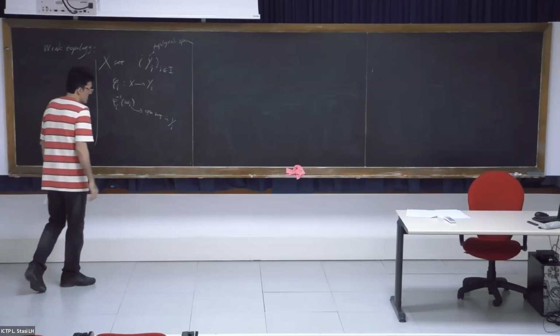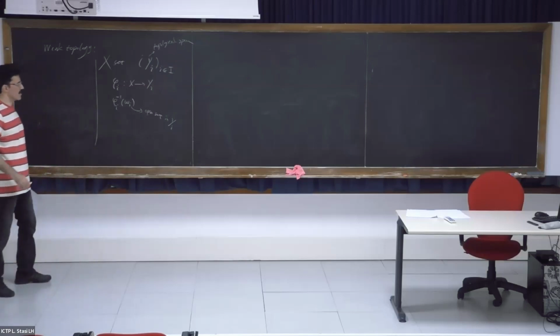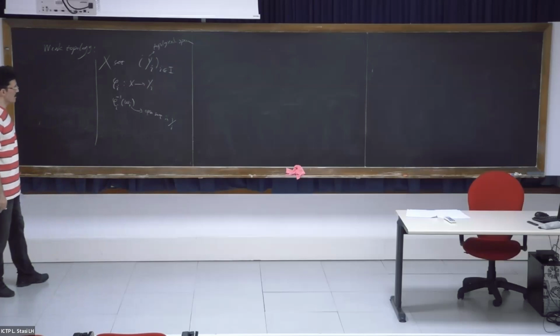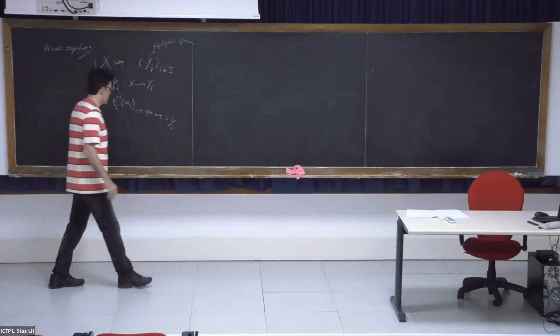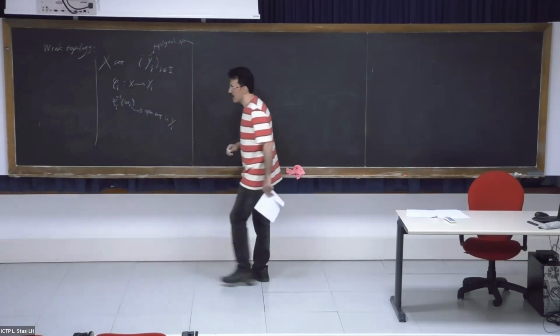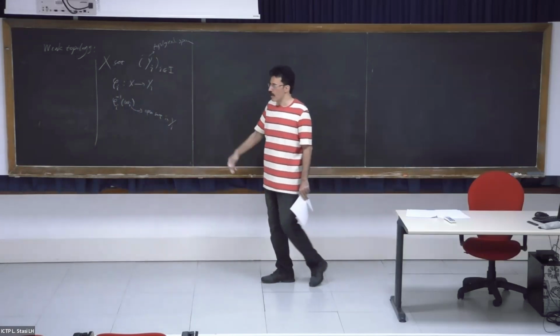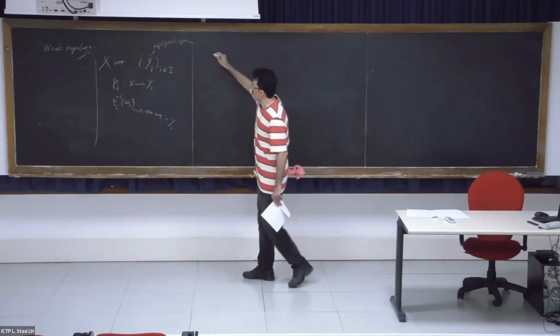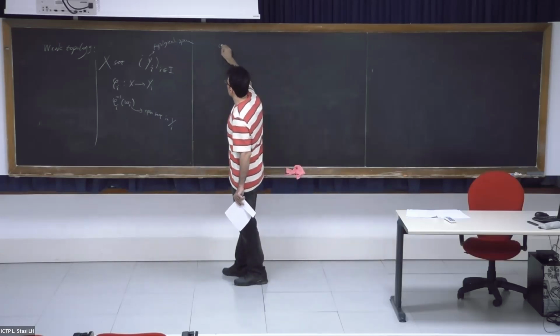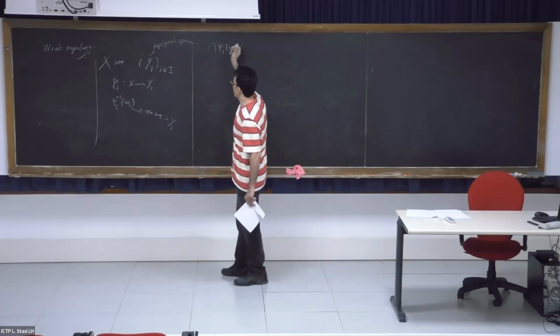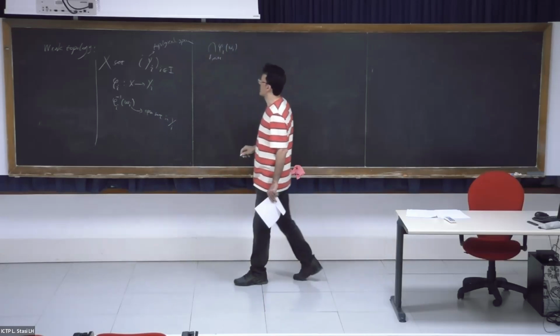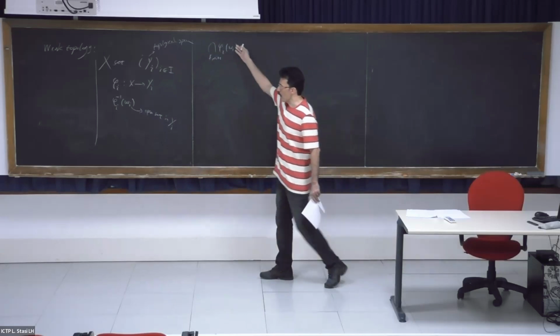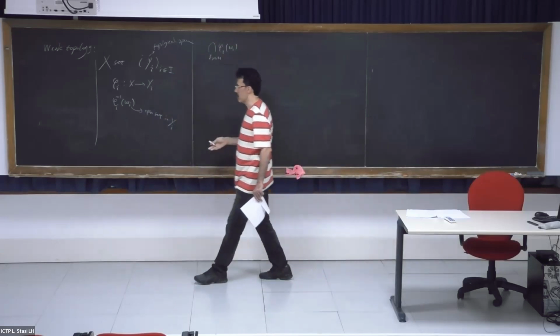In topology, for creating such a topology, the best way is first to construct the bases of neighborhoods for the points, and we need just to consider the finite intersections of phi i inverse of omega i, where omega i is an open set in Yi.